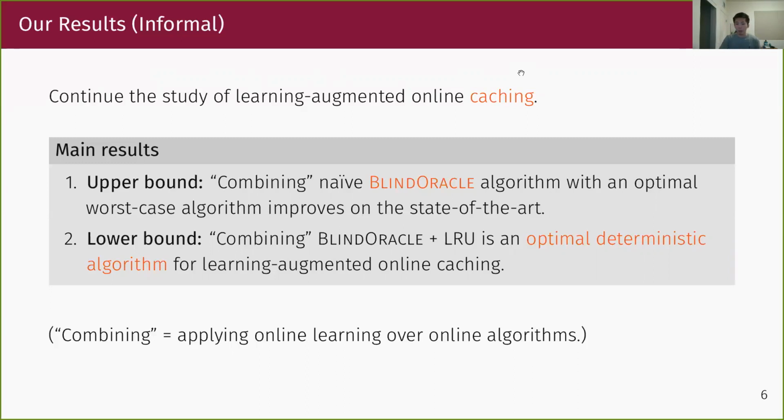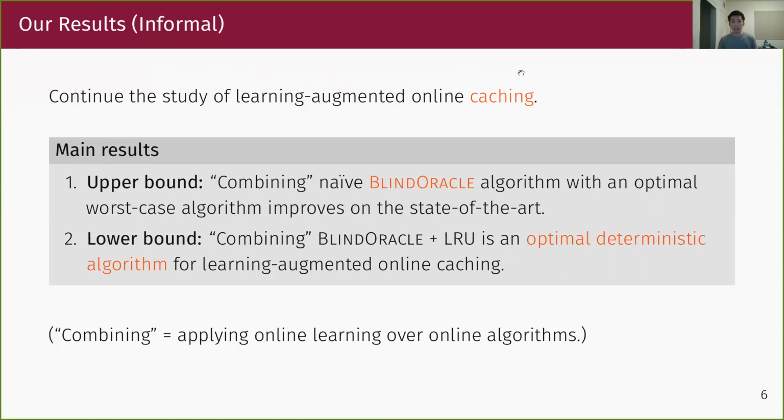And so what this says is that this simple scheme of combining in a black box manner blind oracle with LRU is actually the best you can do, which may be somewhat surprising, given that previous algorithms were much more intricately involved with modifying existing worst case approaches.